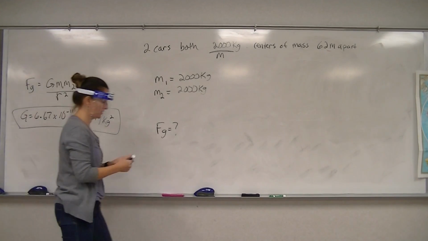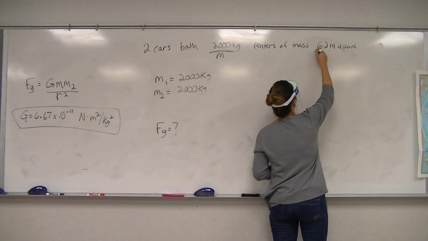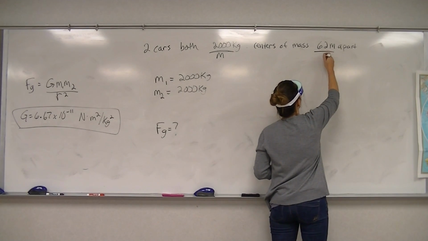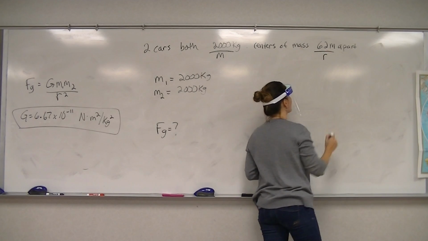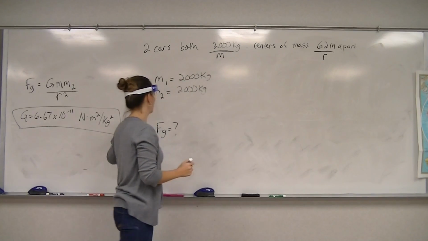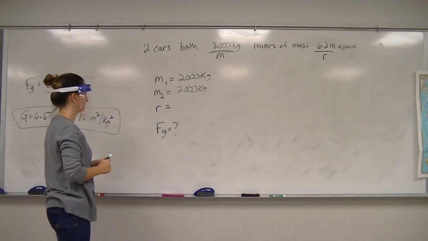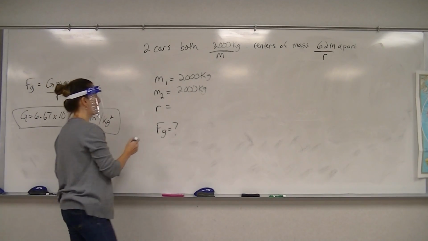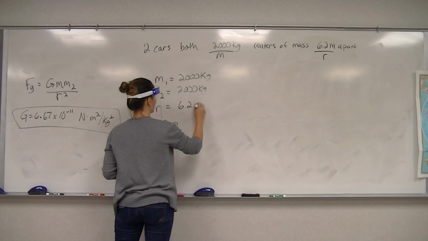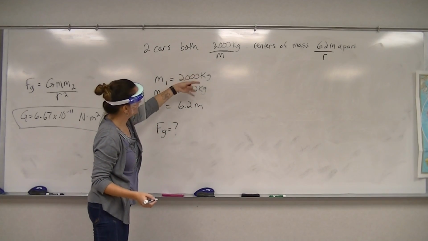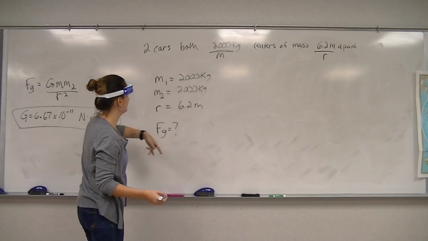The other piece of information, 6.2 M, that's meters. This is a distance, or in this case, for this equation, it's our R value. That's how far apart the centers of mass are. So 6.2. Looking at the units, I don't need to convert anything, so I'm going to keep it as is.